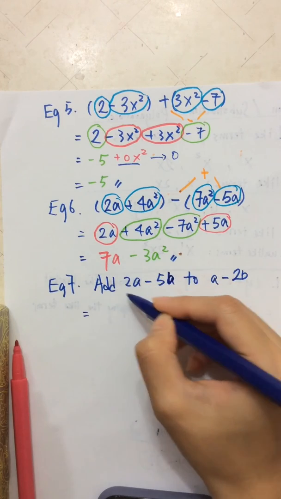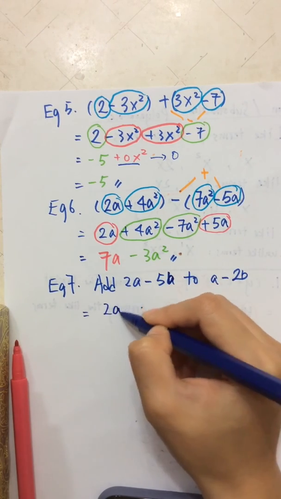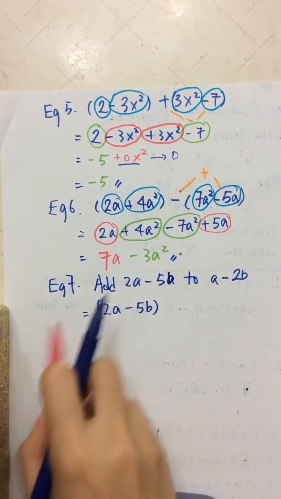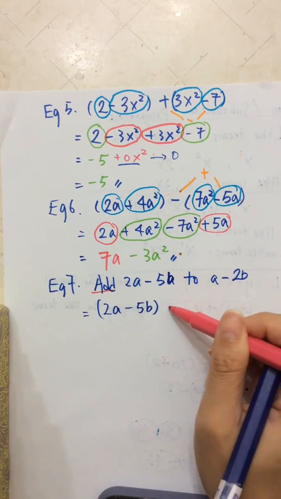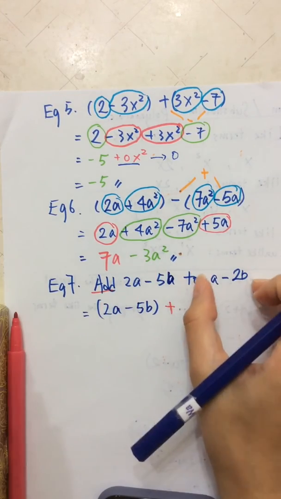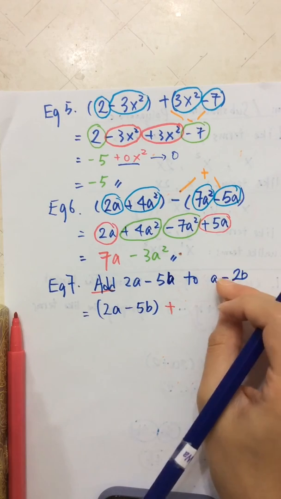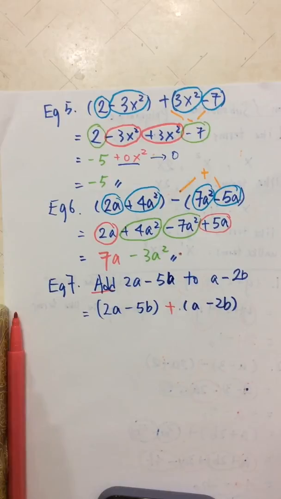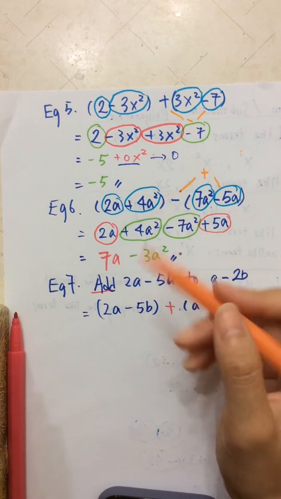Remember, this is the whole group, so we put it down as 2a minus 5b with a bracket, and then because this one is add, just put it here, and then this one is another group, so we have a bracket. When you finish completing the mathematical expression, then you will know how to do it.